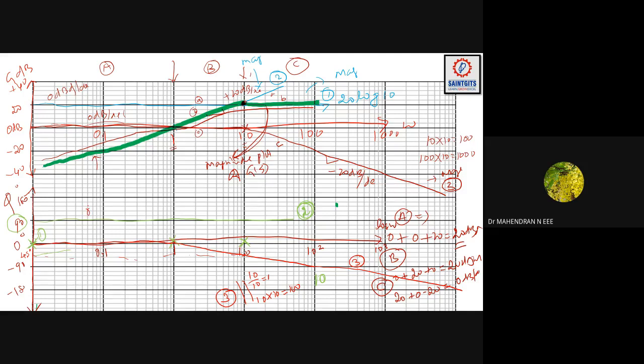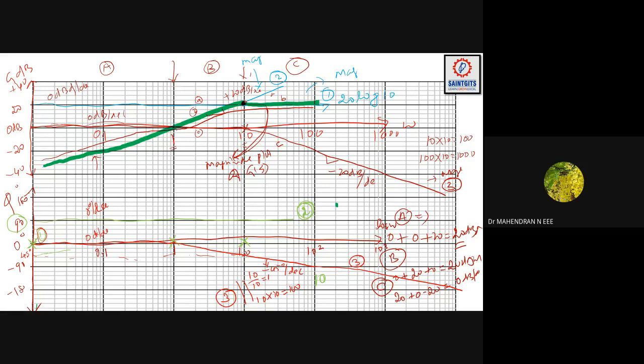Here it is 0 degree per decade, and here also 0 degree per decade. And here it is minus 45 degree per decade. So try to understand. The first one, if you are projecting a constant to the phase plot, it will exactly appear at the origin.